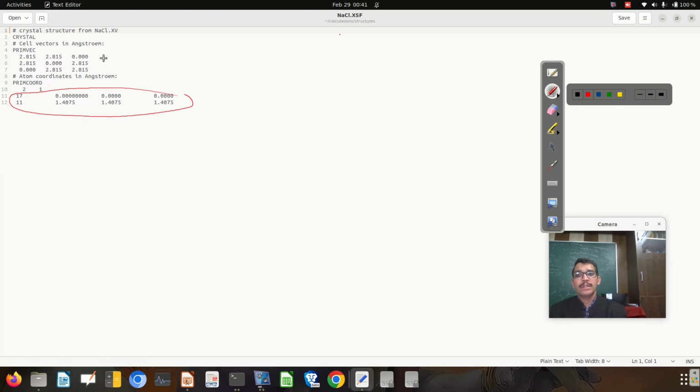and its lattice vector is basically, because it is the FCC lattice vectors, so the lattice constant for NaCl is 5.63, and lattice vectors are 0.5, 0.5, 0.0, and similarly 0.5, 0.0, 0.5.